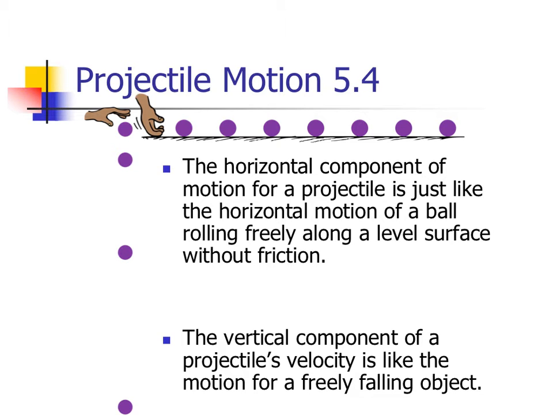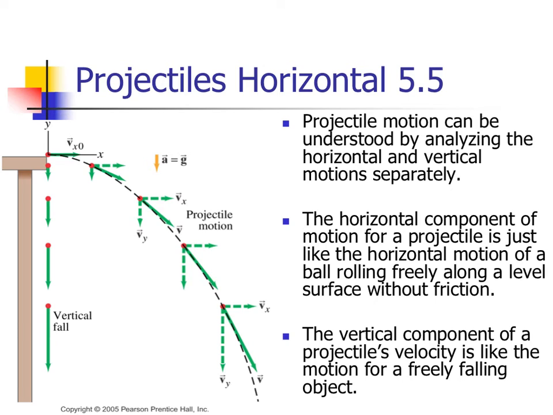It's very important. As the object rolls off the table, we have different parts to it as it's going through the air. The part that we see is the black dotted line, the trajectory.